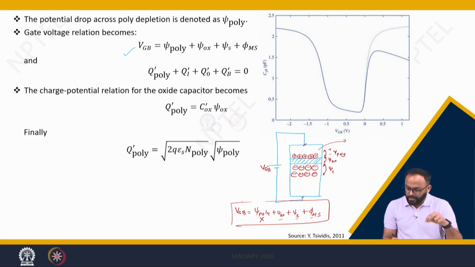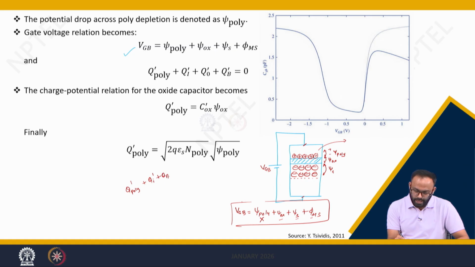Now, in this condition, the charge balance equation will also change, right? The total charge in the system should be conserved, and hence you will get Q poly dash plus Q I dash plus Q B dash plus Q naught dash equals 0, where these three quantities are known to us.